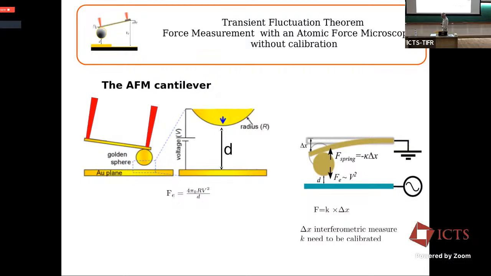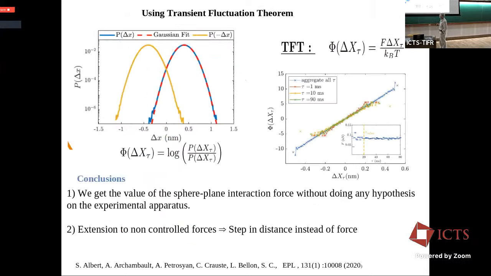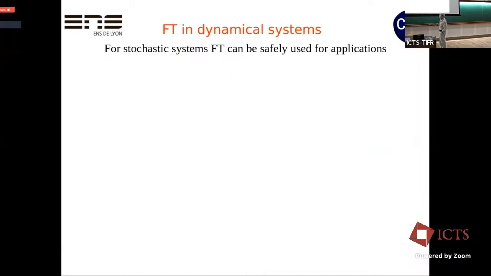For other systems, again, you can measure an unknown force, using the same trick of the linearity that allows you to do measurements while reducing the number of parameters that you have to fit, thanks to the fact that you know that in this system the fluctuation theorem has to hold. Okay. So I will skip this. This is another example. Okay, I'll skip all of this.